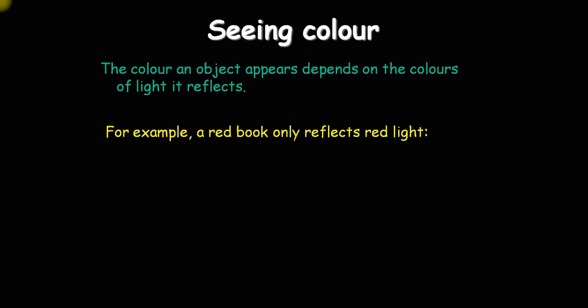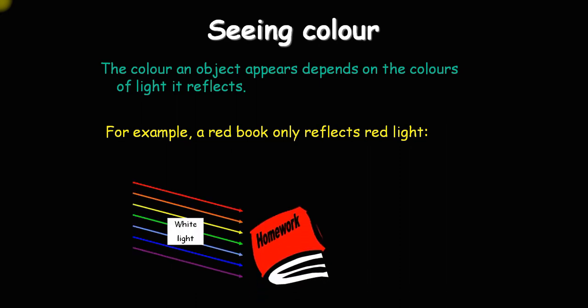Seeing colors. The color an object appears depends on the color of the light it reflects. For instance, a red book only reflects red light, like what we have here. So if this is a red book, it reflects only red light. That's why we see it as red.